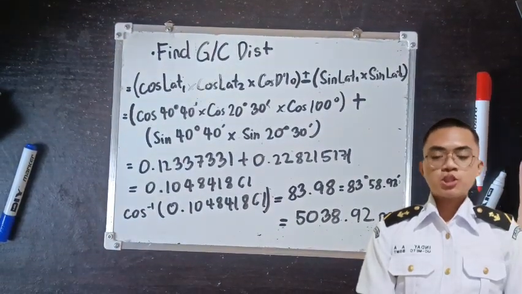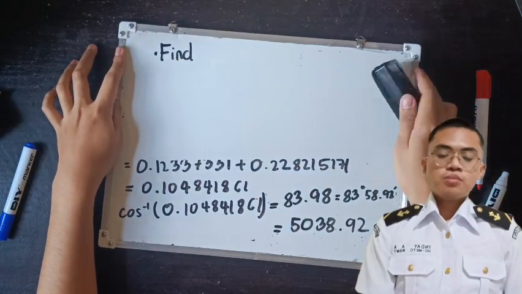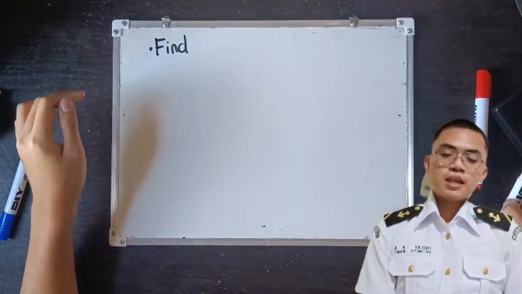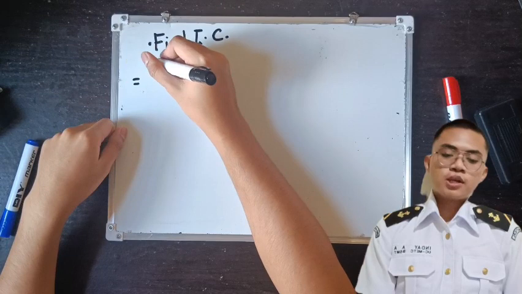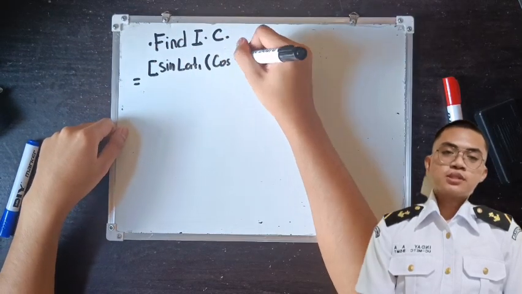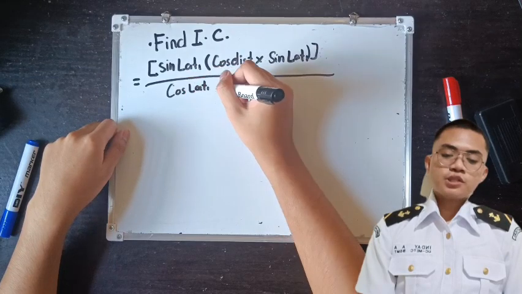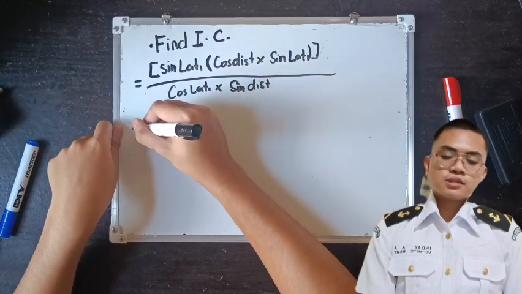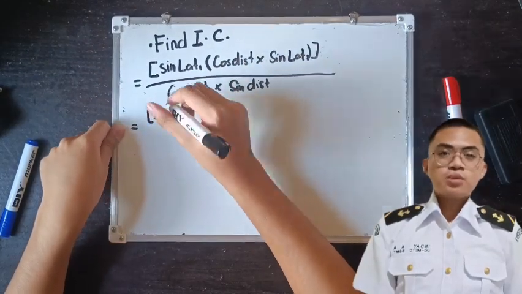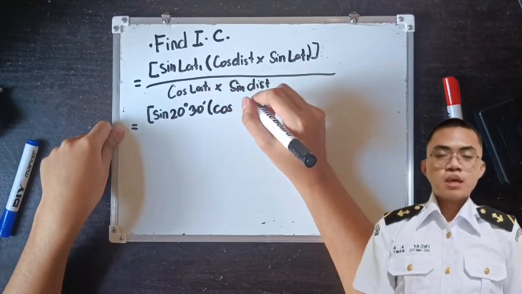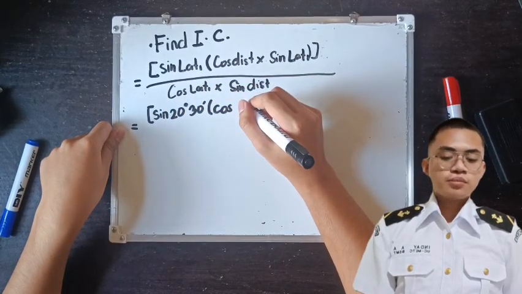The next step is to find the initial course. We can find this by using the formula sine latitude 2 plus or minus the product of cosine distance times sine latitude 1, all over cosine latitude 1 times sine distance. Now we have to subtract if the latitudes are in the same hemisphere and add if not.